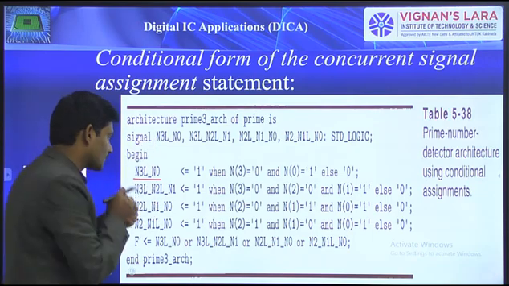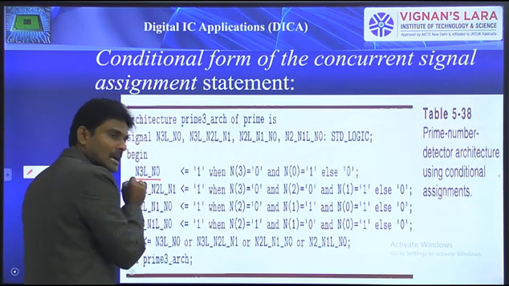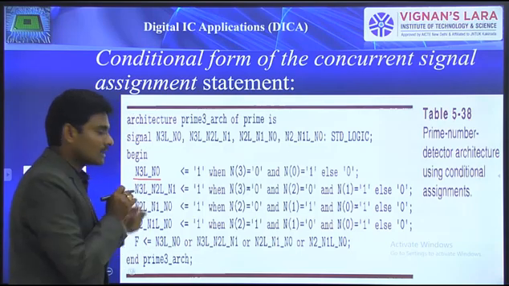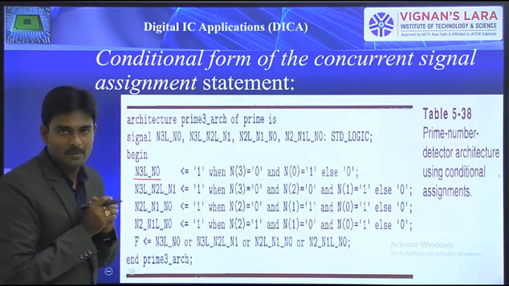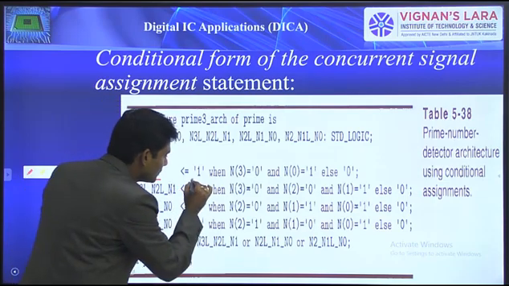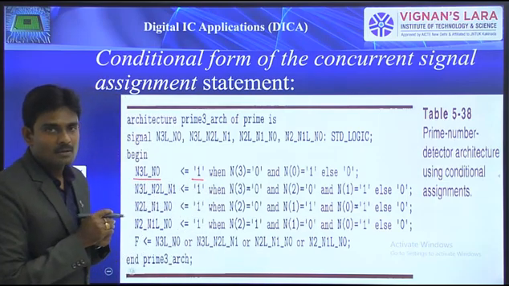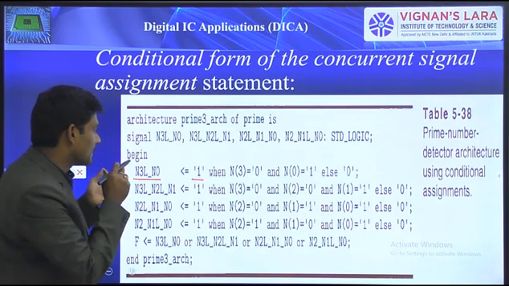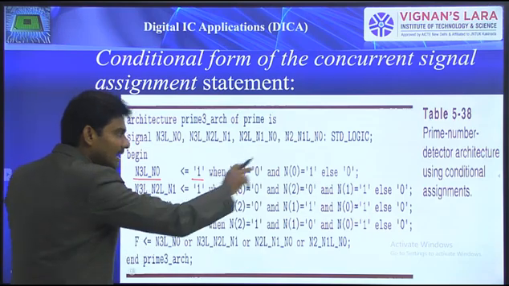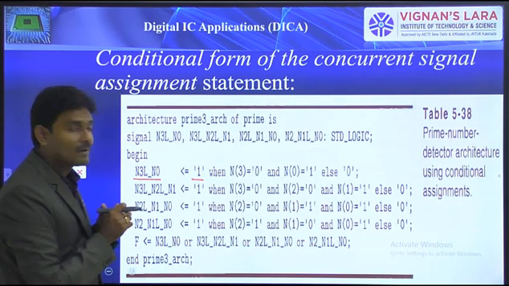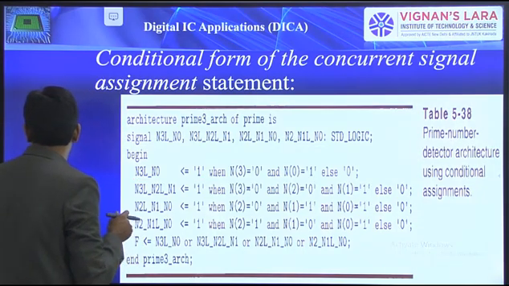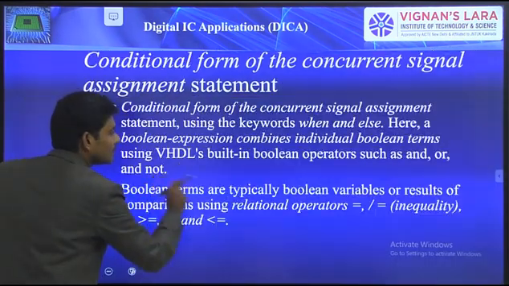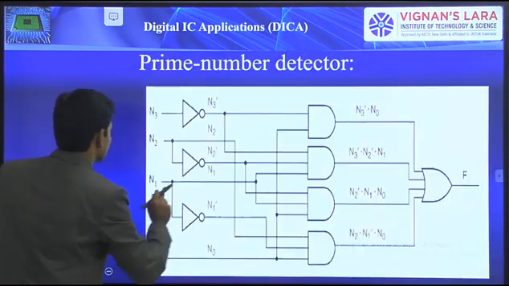Looking at this, there is the signal name, then less than or equals to, the assigning operator, and on the right hand side the expression. Before writing this, you need to know the functionality of that circuit.